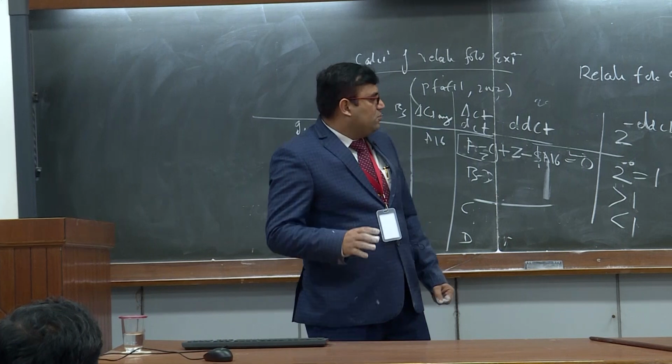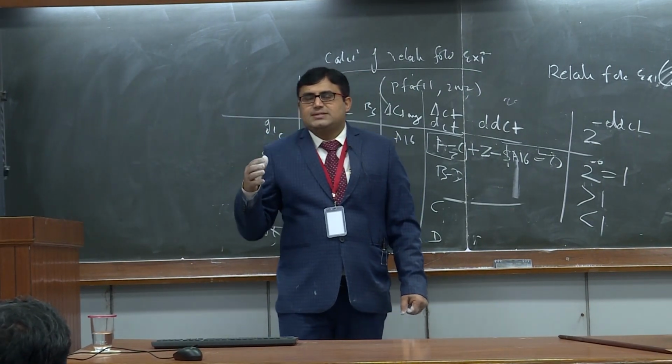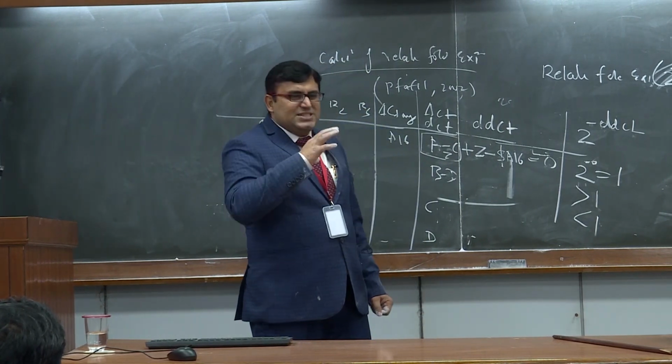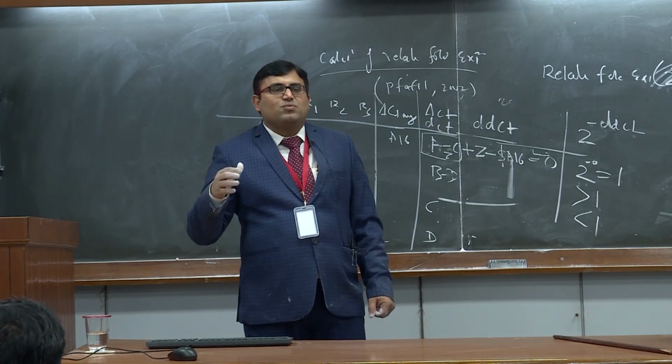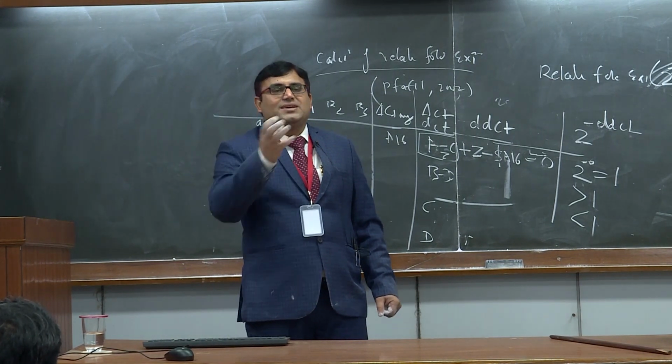Even though time was limited and I was very brief, and I skipped a few things purposefully, I think I conveyed the gist of this experiment: where to use it, how to use it, and how to calculate the result.